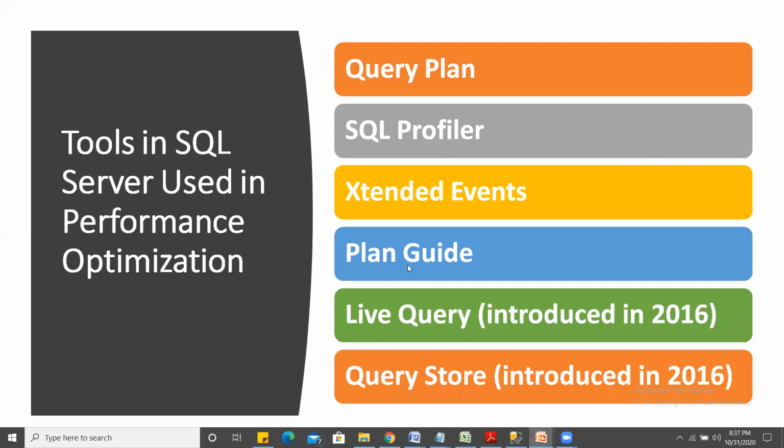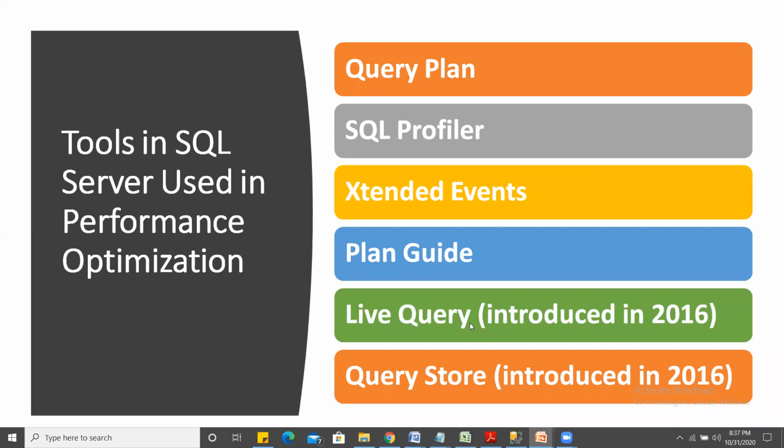Another tool we have is Plan Guide, and this is a very useful tool when you don't have access to the code that is written in the stored procedure to modify, right? You can use Plan Guide to specify some kind of hint to the query, so that that query will always execute with the Plan Guide that you specify for the best performance.